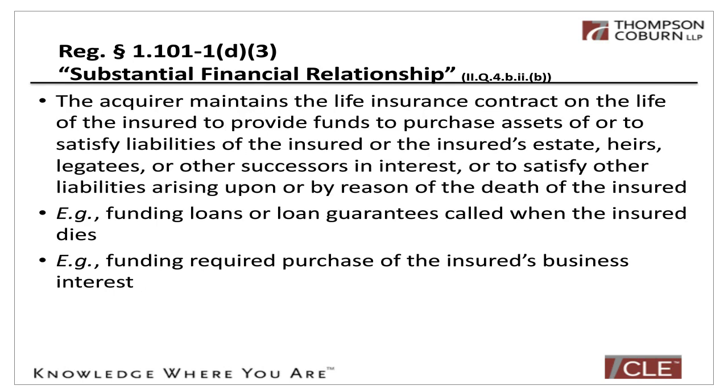Another is that there are some liabilities that arise by reason of the death of the insured. So let's suppose that our friendly neighborhood bank loans money to the business, and the friendly neighborhood bank knows that that business is going to lose a lot of value if the insured dies, and they might not be able to pay off the loan.